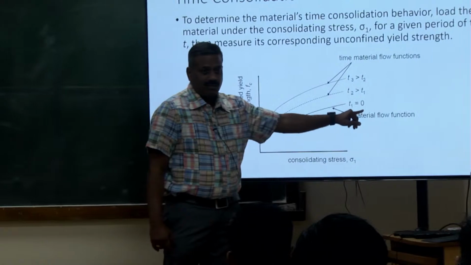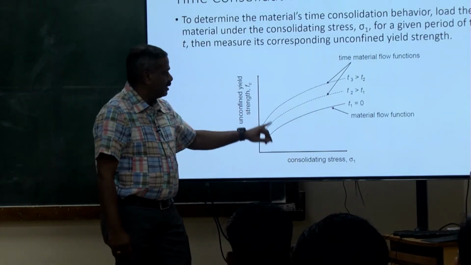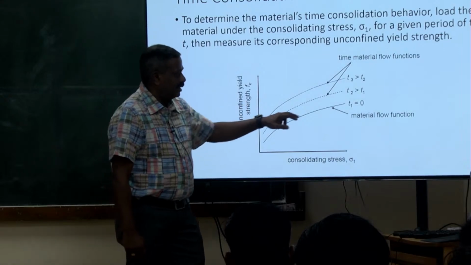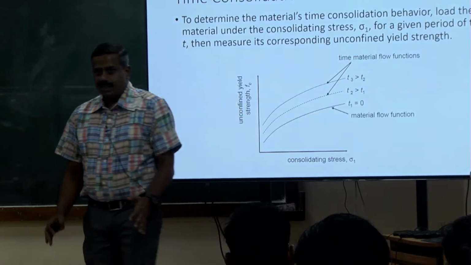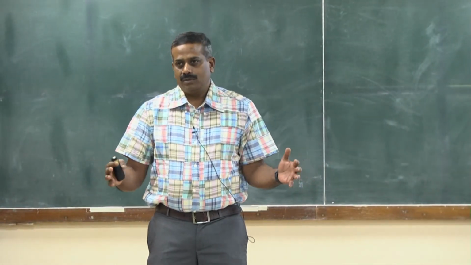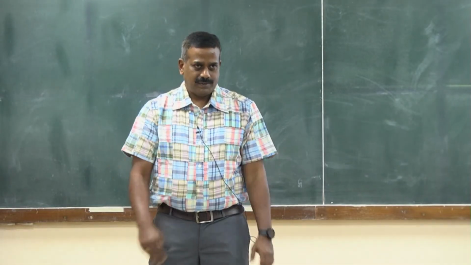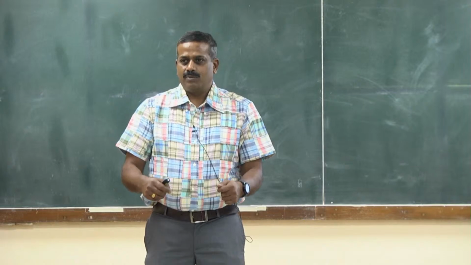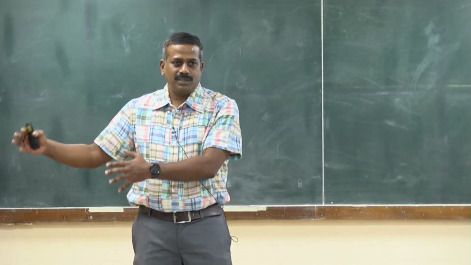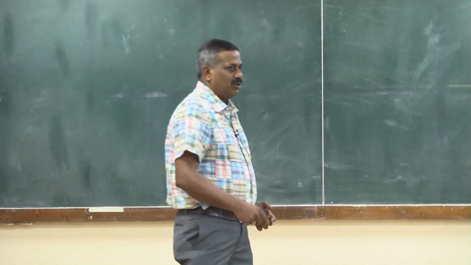The time consolidation effect we can also check by determining the material flow function. Material flow function is the relationship between consolidating stress and the unconfined yield strength, right? In general, for shear cell testing, you take 3-4 batches of powder and put some dead weight over them. Put a 5 kilogram weight on one batch of sample, a 10 kilogram weight on another batch. That adds to the load, right?